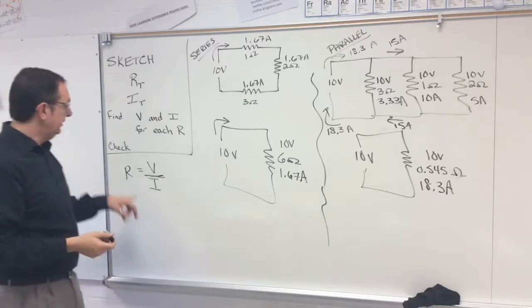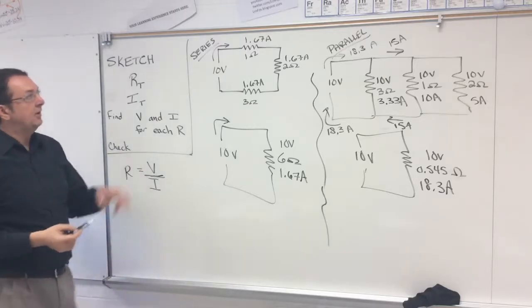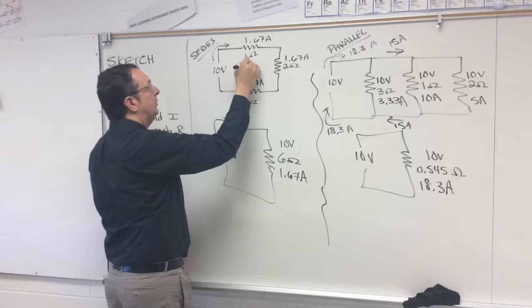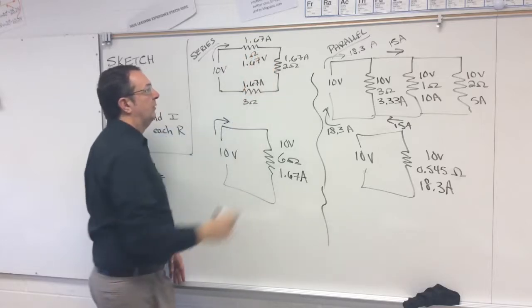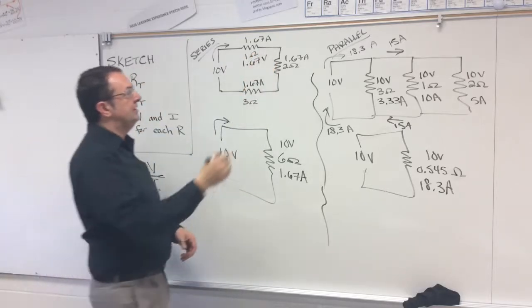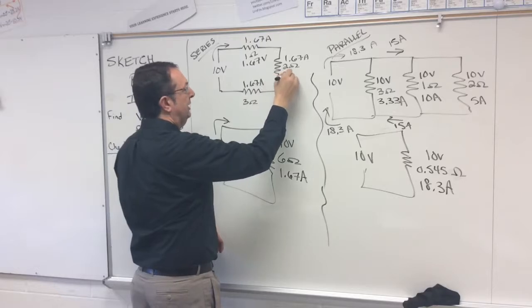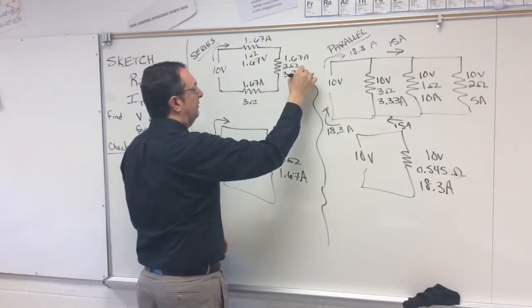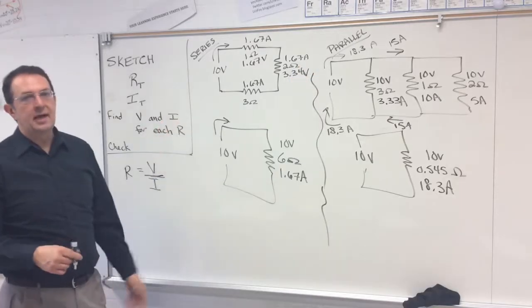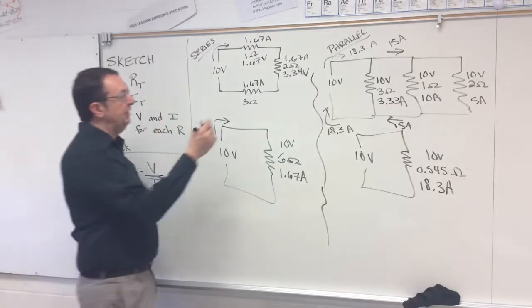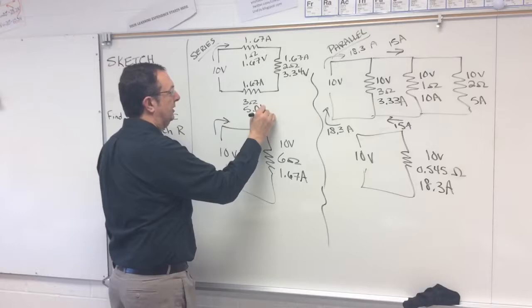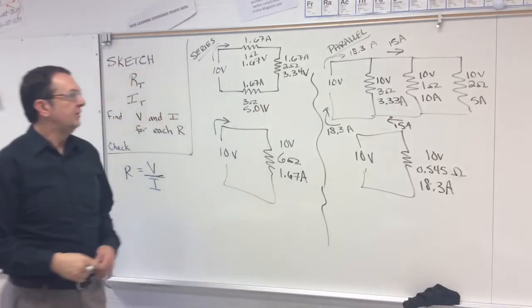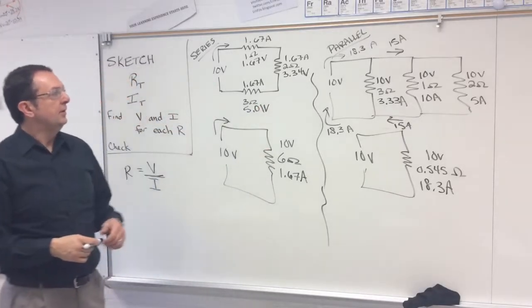Now I have to do the calculations. V is equal to I times R, I times R, 1.67 volts. And twice 1.67 is 3.34 volts. And 3 times that, it's 5. It's 5.01 volts is left over. 3 times 1 2/3.